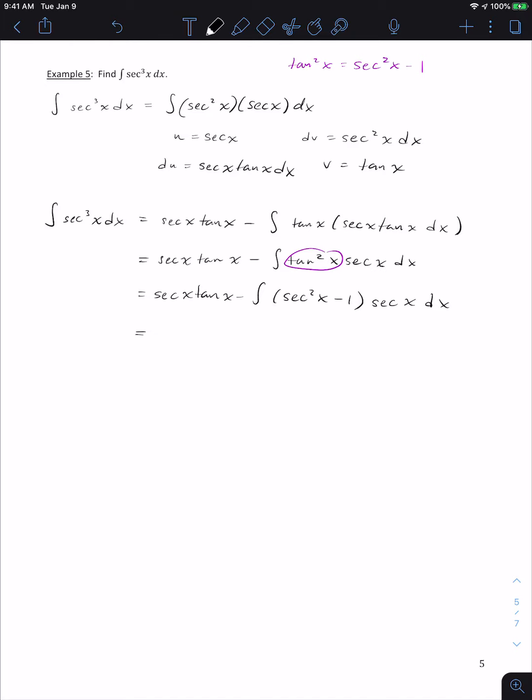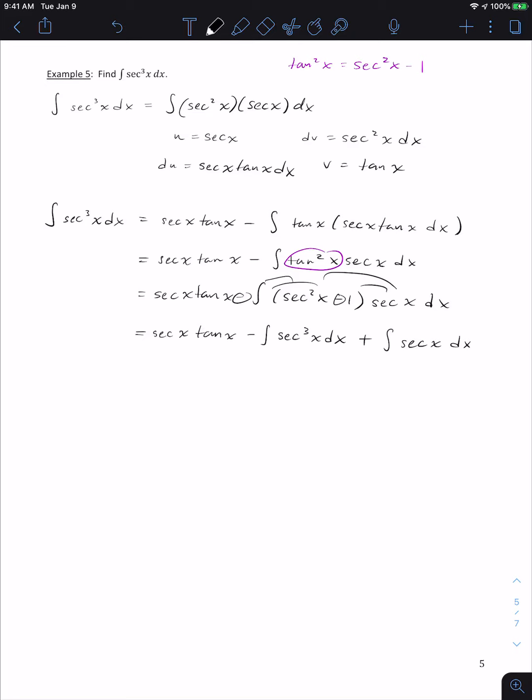So now let's distribute the integral sign and the secant x at the same time. So secant x tangent x minus the integral of secant cubed x dx, plus, because I have a minus sign there and a minus sign here, the integral of secant x dx.